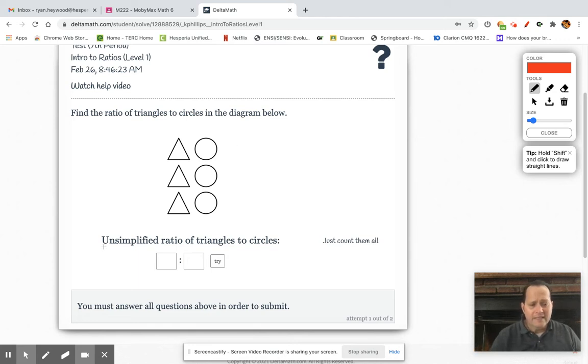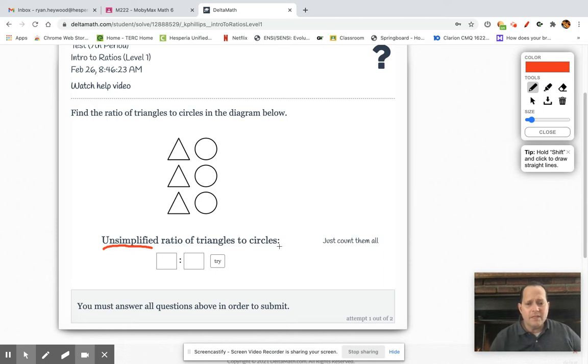It says the unsimplified ratio, all right? The unsimplified ratio means that we just count them all. So we have 3 triangles to 3 circles, okay? So that's what we'll put here. The unsimplified ratio is just the number of triangles to the number of circles.